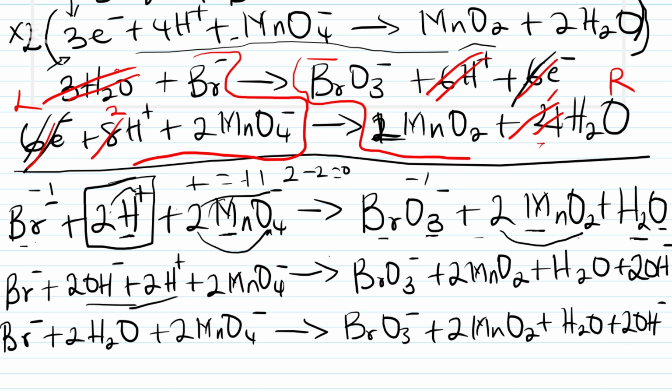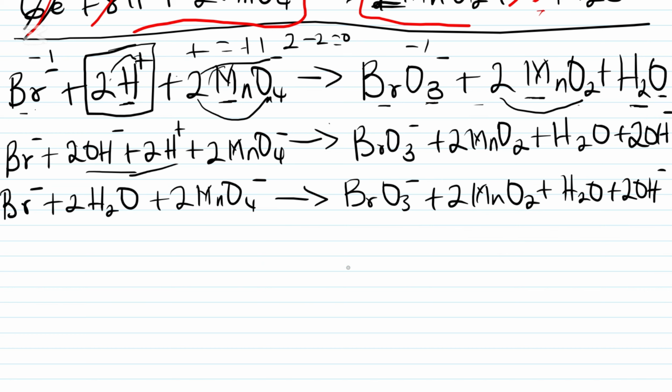All right. Now let's continue with this. So what's the next thing that we're going to do right now? Well, at this point, we can also cancel what appears twice on both sides. Here we have 2H₂O on the left, and we have H₂O on the right. So we can cancel this one here.